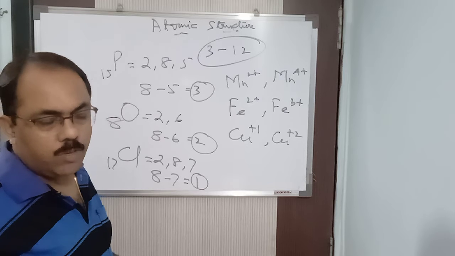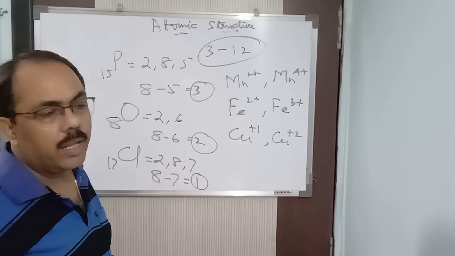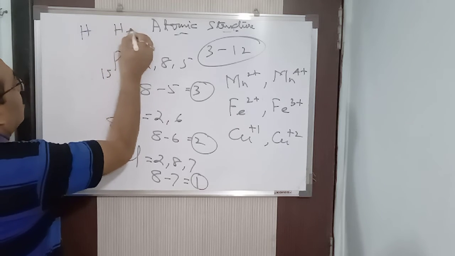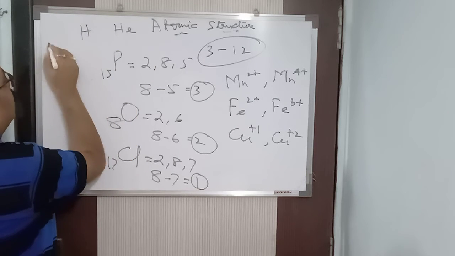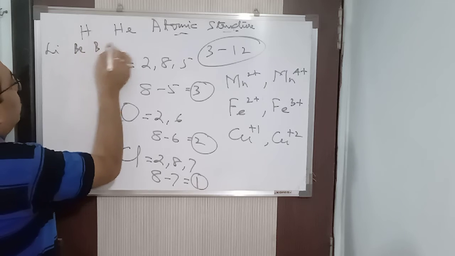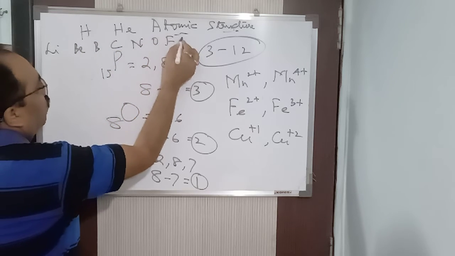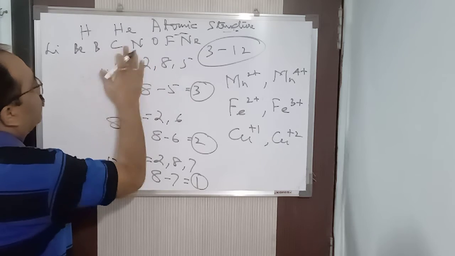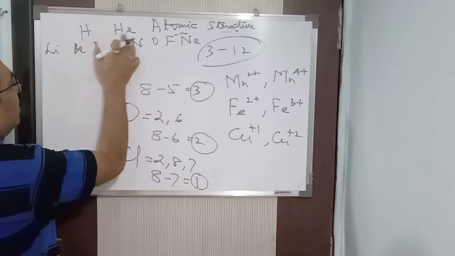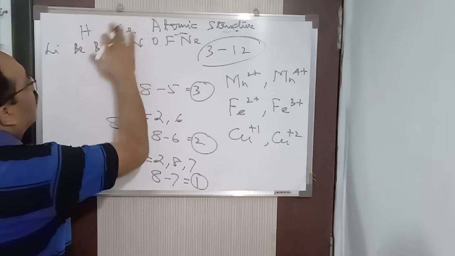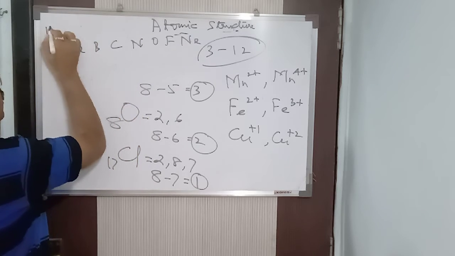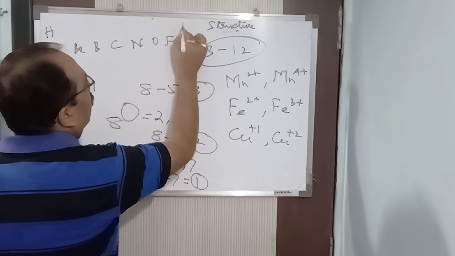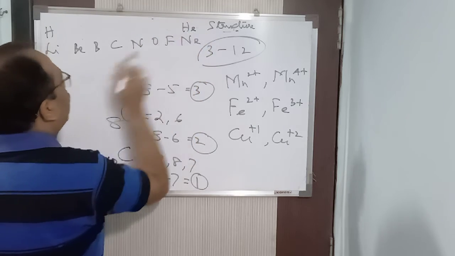There is a poem also that you can make and remember. Like I have made a poem: hydrogen, helium, the first period, so it is Ha, He. Then lithium, beryllium, boron, carbon, nitrogen, oxygen, fluorine, neon: Li, Be, B, C, N, O, F, Ne. Actually, helium should be placed here because it is a noble gas, an inert gas.